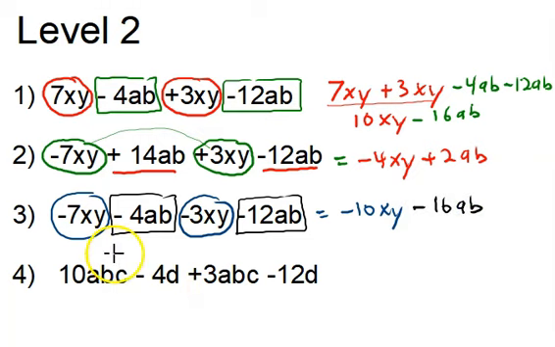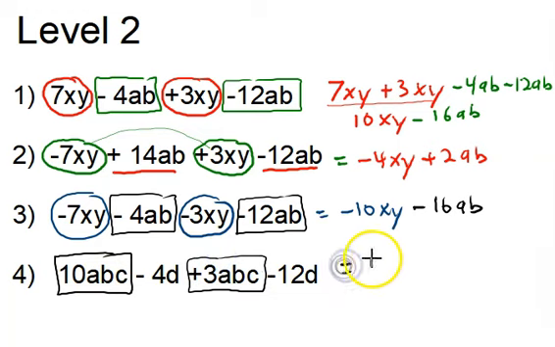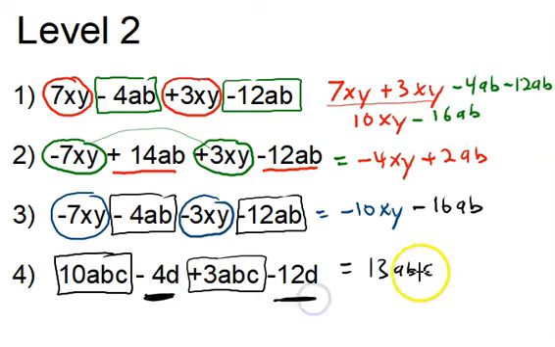Now look at this part here: 10abc and plus 3abc, so we are getting 13abc. Here we have negative 4d and 12d, so here we have negative 16d.